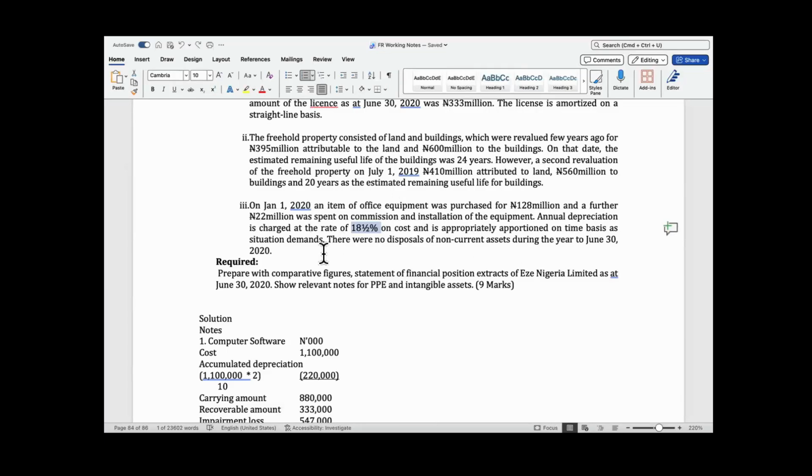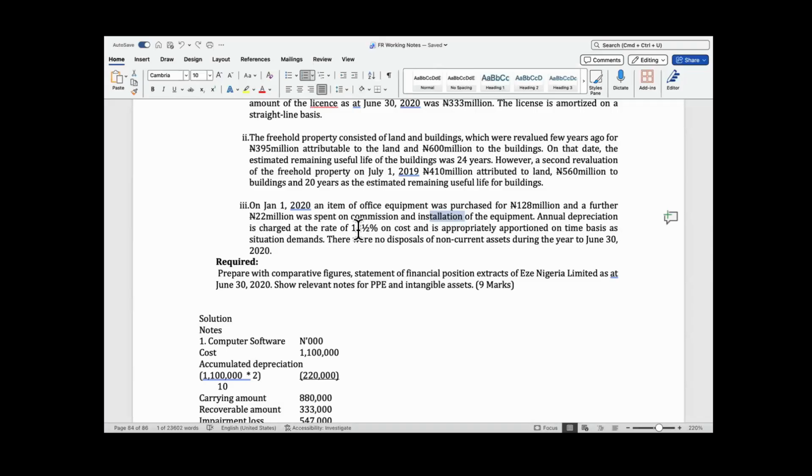So we bought an office equipment in June for 128 million, and we spent 22 million on commission and installation. The question is, should we capitalize or expense this 22 million? Yes, we capitalize it because it has to do with installation.